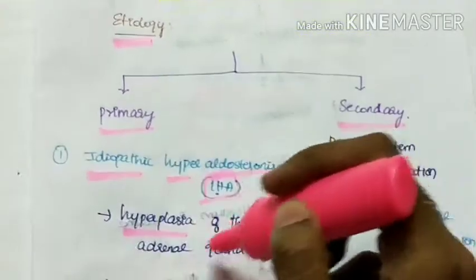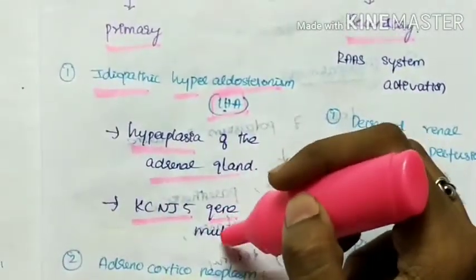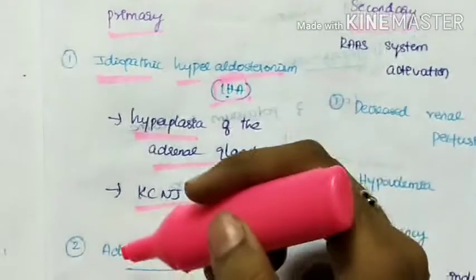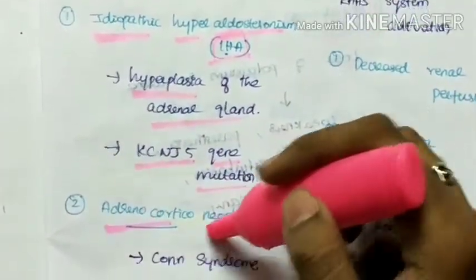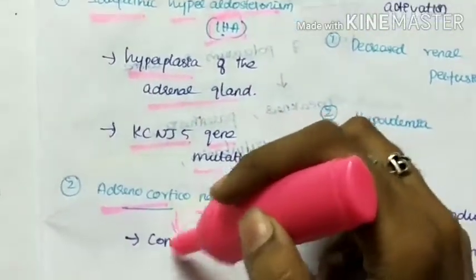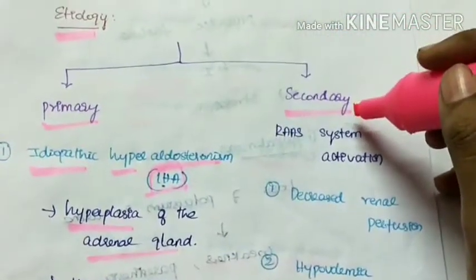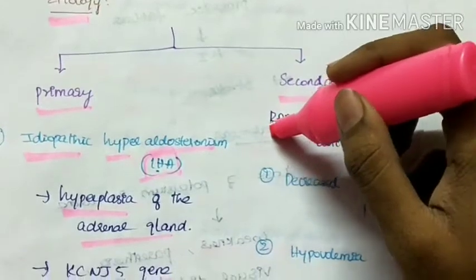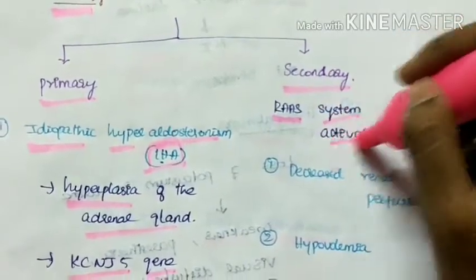Here there is hyperplasia of the adrenal gland due to KCNJ5 gene mutation, and the other cause is adrenocortical neoplasm, which is Conn syndrome.